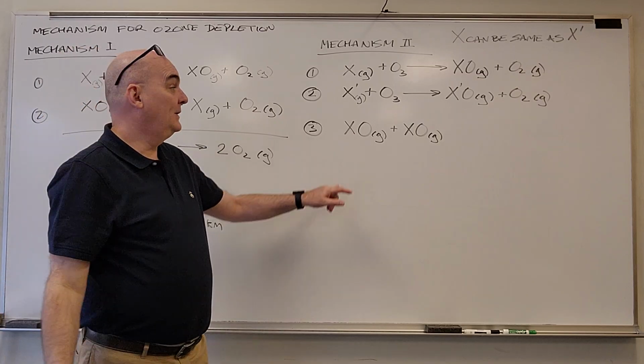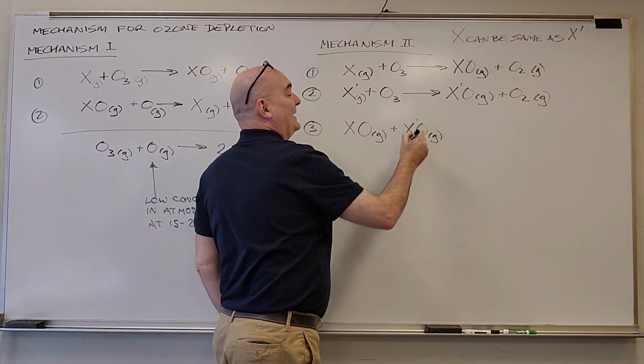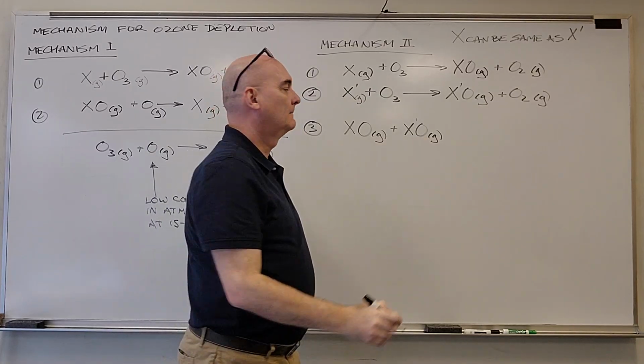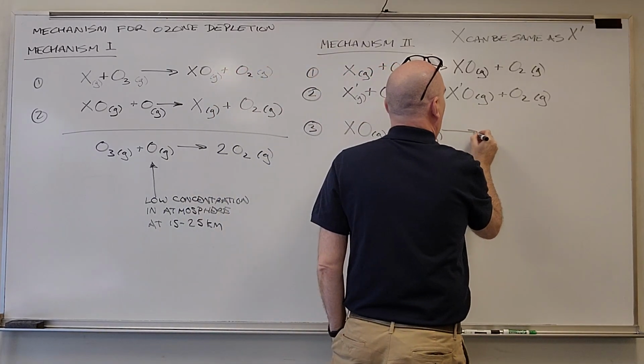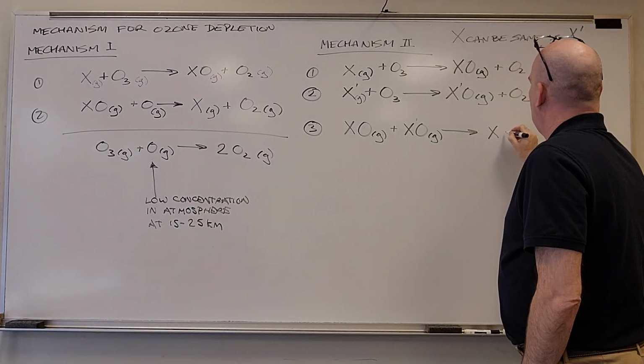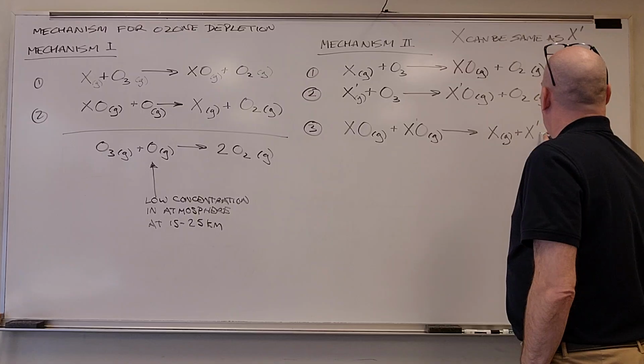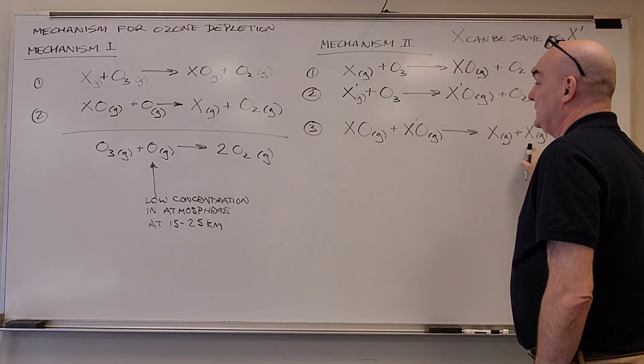If they're the same thing, you just say 2 XOs. If they're different, then they're different. And this makes X. And the other one, so it could be 2.